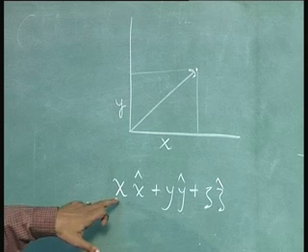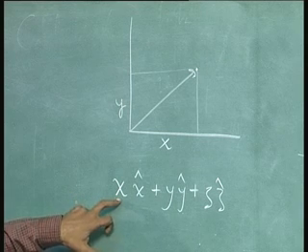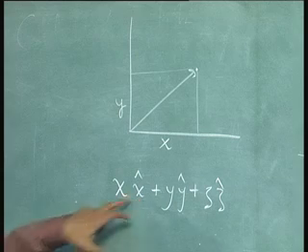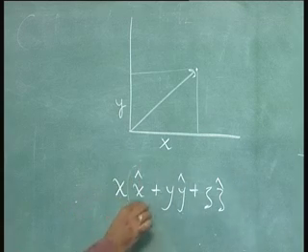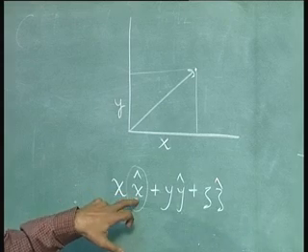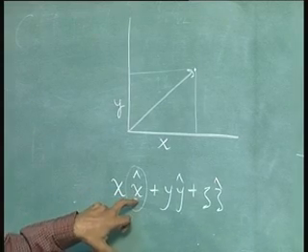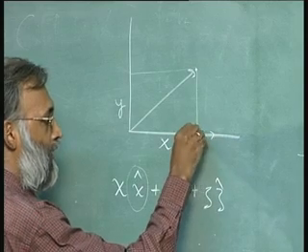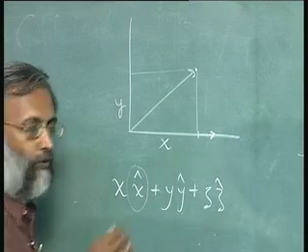Now, supposing we attach to x the direction along x, and I denote it this way, I put a little caret on top of the quantity. What I mean by that is, take this direction, give it magnitude 1.